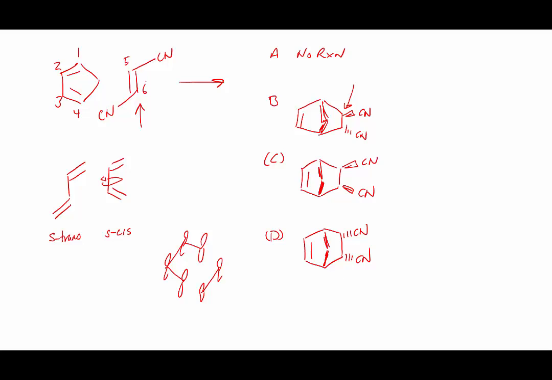I'm going to bond 1 to 5 and 4 to 6. So over here in the product, you've got 1, 2, 3, 4, 5, and 6. So the double bond can move between 2 and 3. So you can draw it like that. So B is the major product of the reaction.